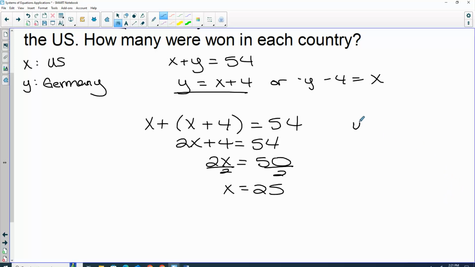And then we can plug that back in. y was equal to x plus 4. So y is 29. And then what do I do?